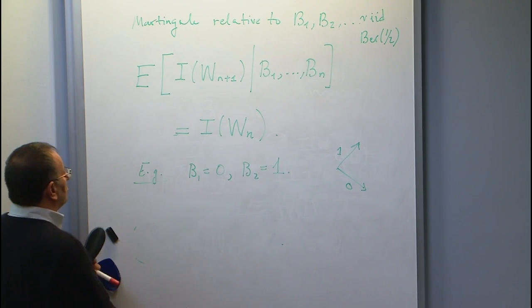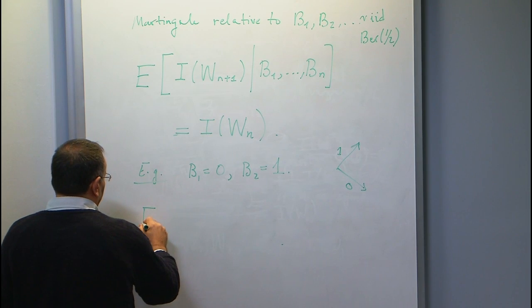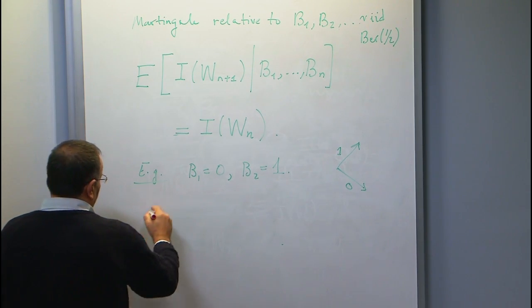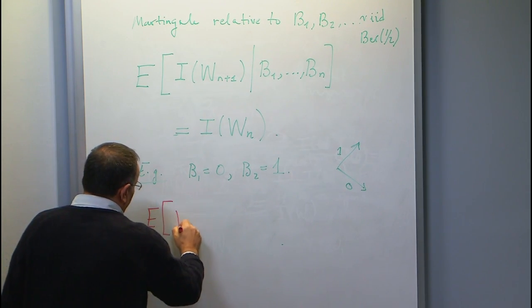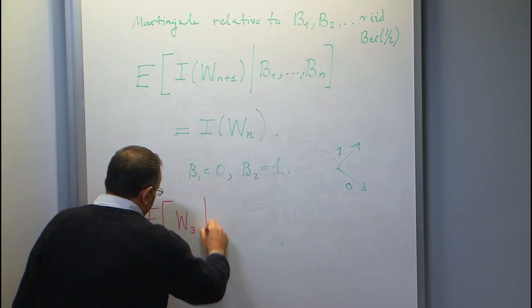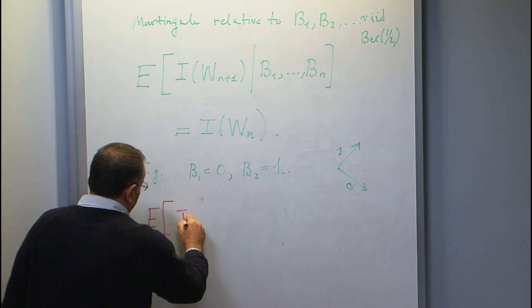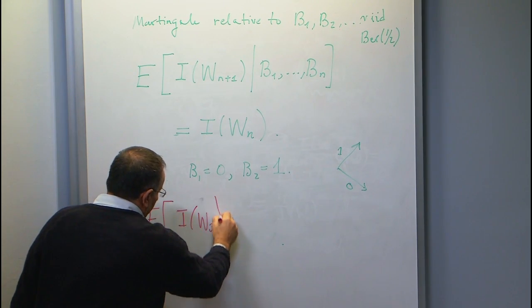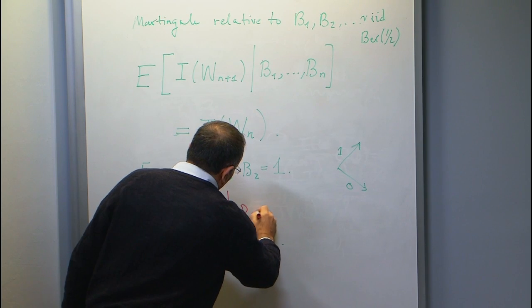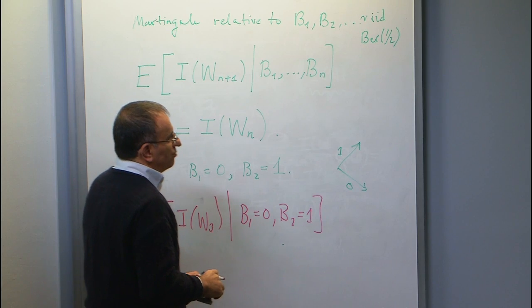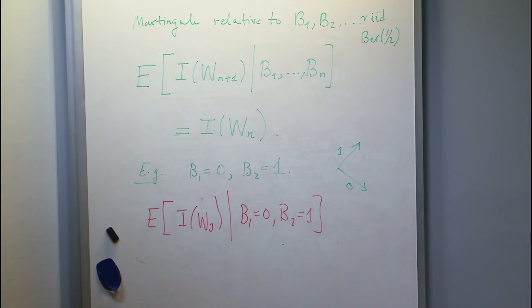So let's calculate the expectation of where I will be at time 3. Let's calculate the expectation of the capacity, I(W3), given that B1 equals 0 and B2 equals 1. So we can do it by using this graph here.